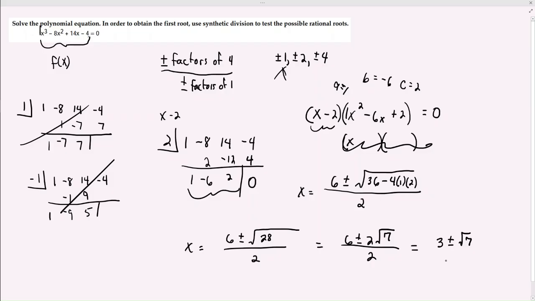All right, so our solutions, we only have one rational solution, and that's x equals 2 from that factor. And then from the quadratic formula, we have two irrational solutions. So 2 along with 3 plus and minus the square root of 7.